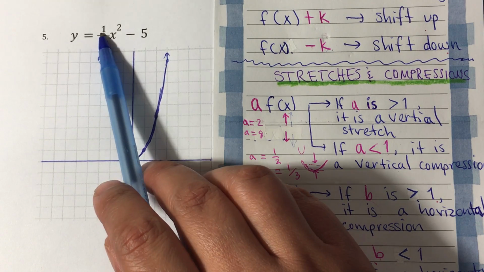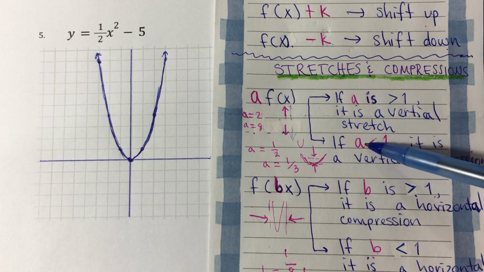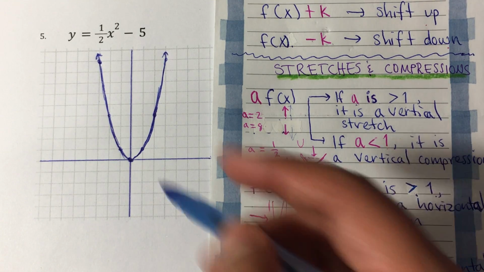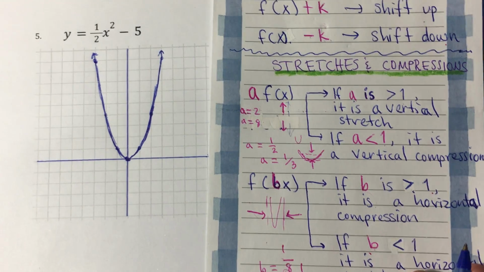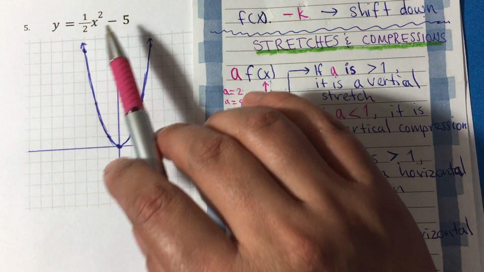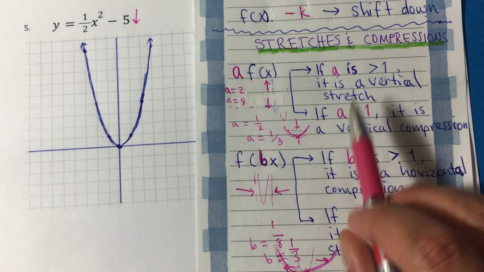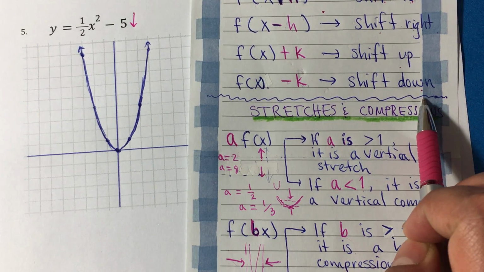So having a half outside, that means that A is less than 1. And it's going to be a vertical compression. So each point is going to go shorter. And in here, because it's 1/2, it's a little easier to really see that. And then you just move the graph 5 spaces down. Because it's negative, you're subtracting outside, it is going to shift down.